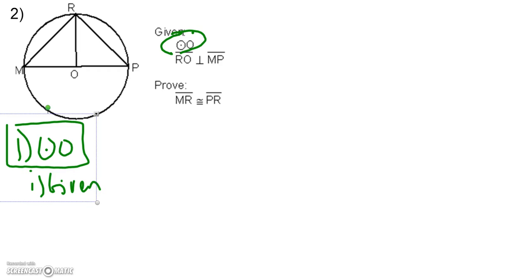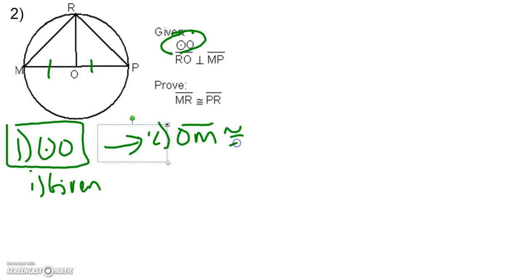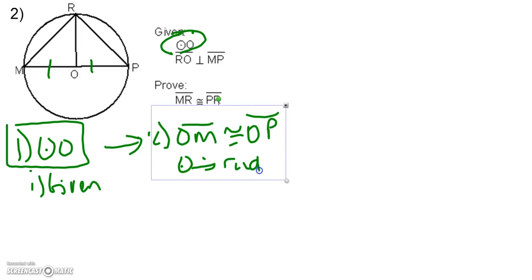And then this specifically gives that radii are congruent. So go with OM and OP are congruent. Tells us that they are congruent.